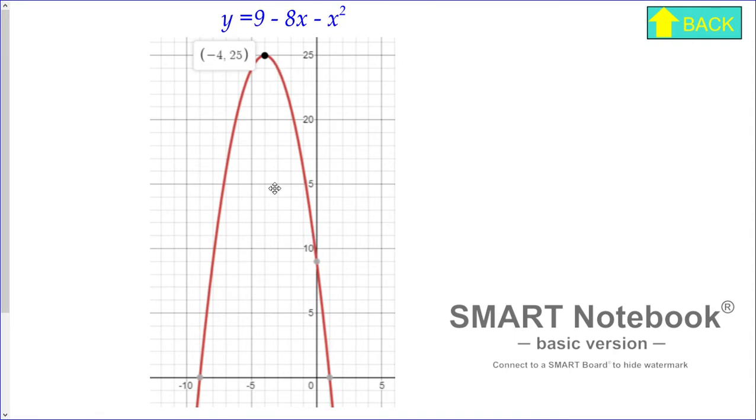This one's facing down, or concave down. If this number is negative, it will be a maximum. If the number in front of x squared is positive, it will be a minimum. That's how you can figure out a max or min for a quadratic. Okay?